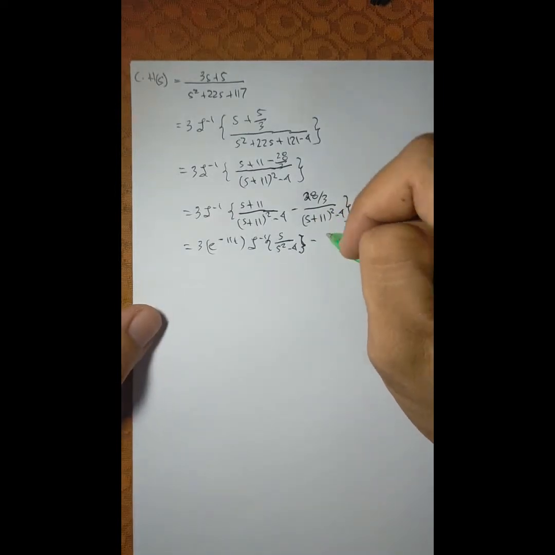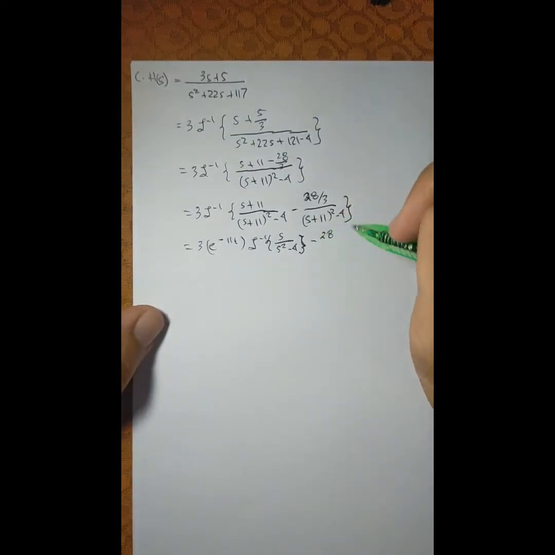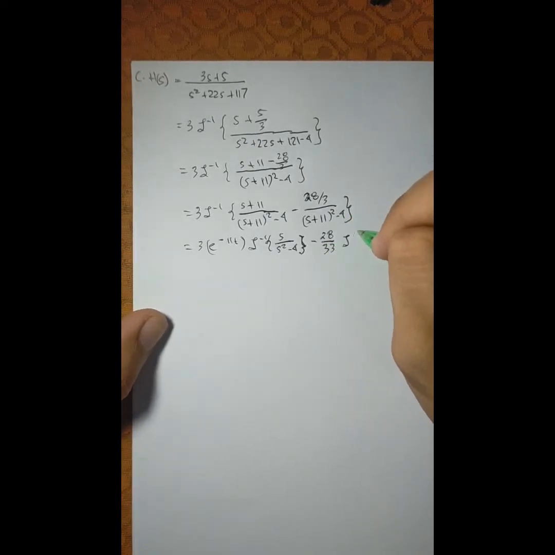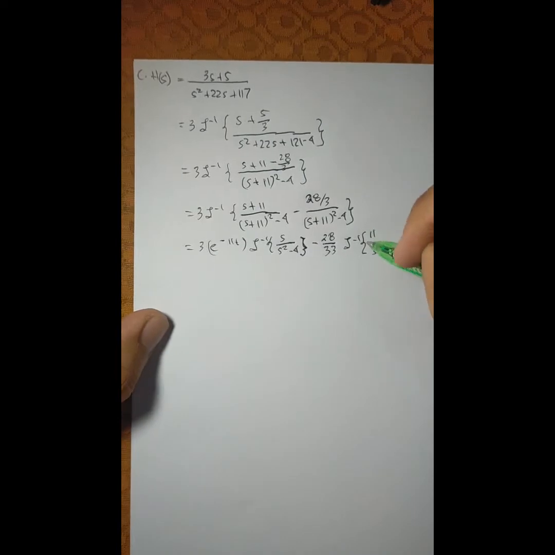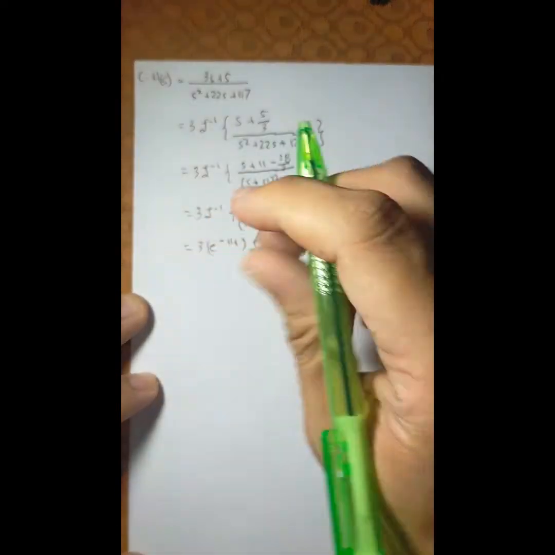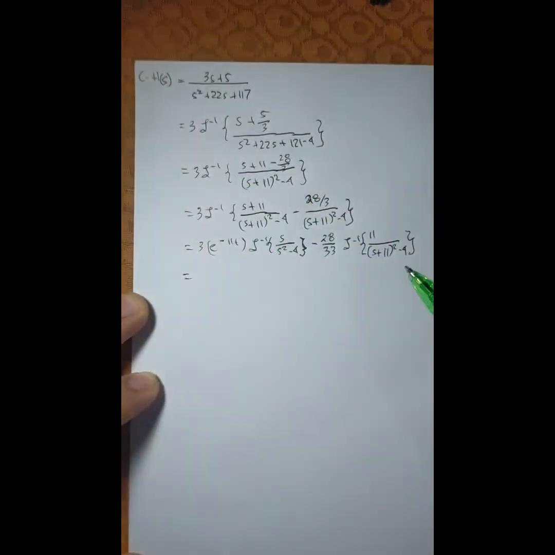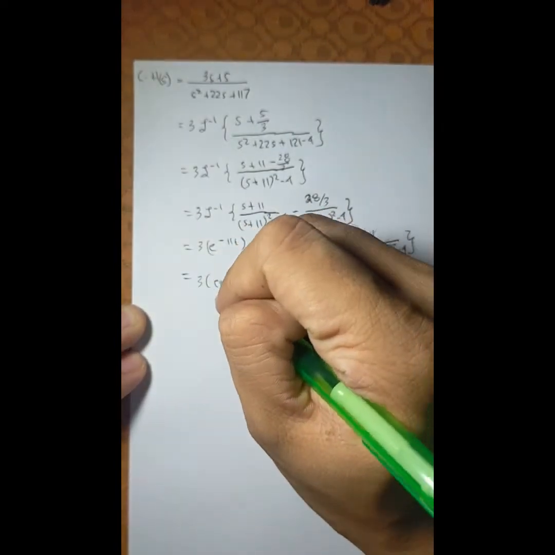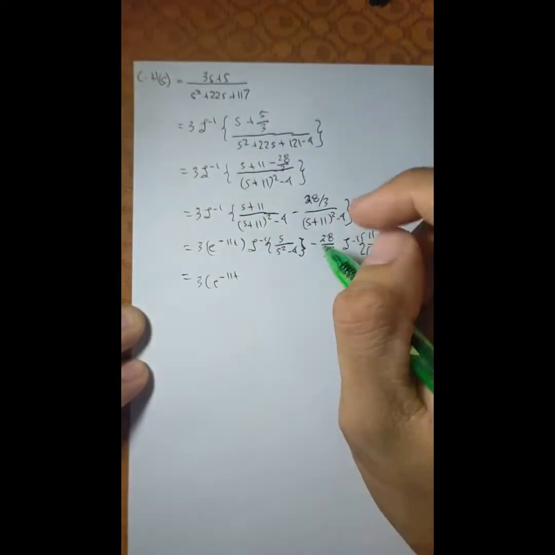And we will take out 28, and 3 times 11 was 33, so that we had the inverse Laplace transform of 11 over (s plus 11) squared minus 4 will be equal to 3 times e raised to 11t.